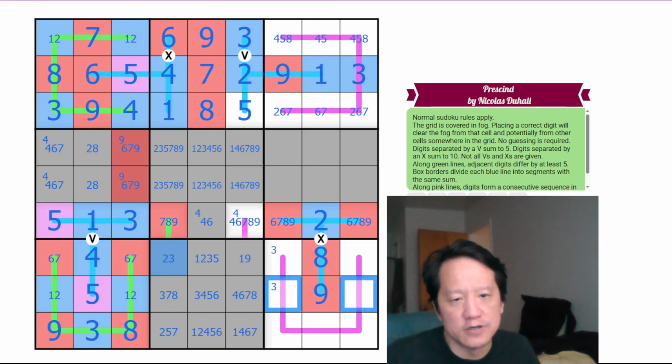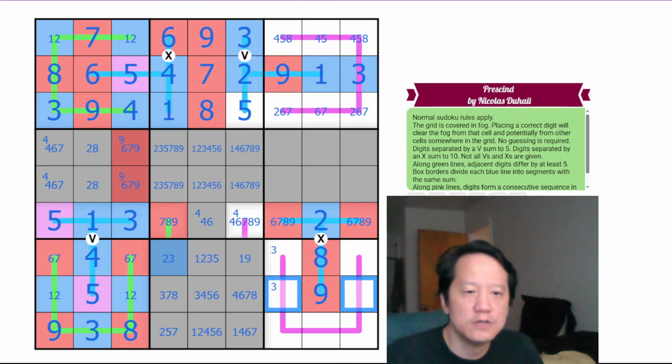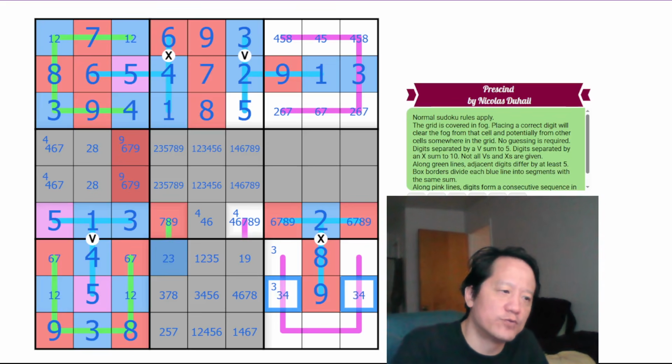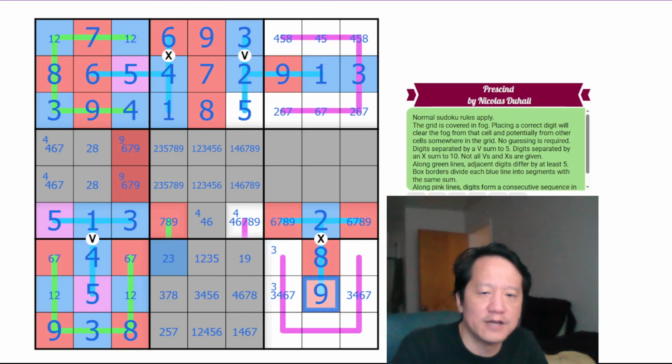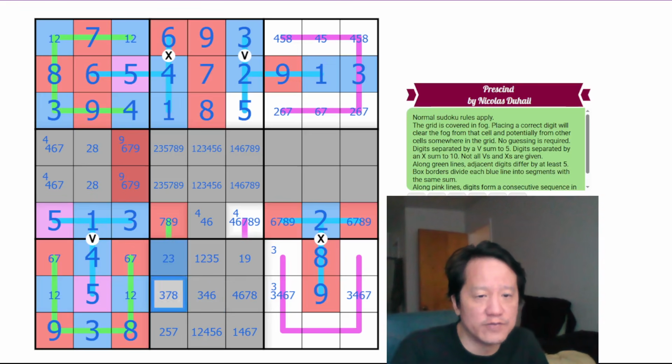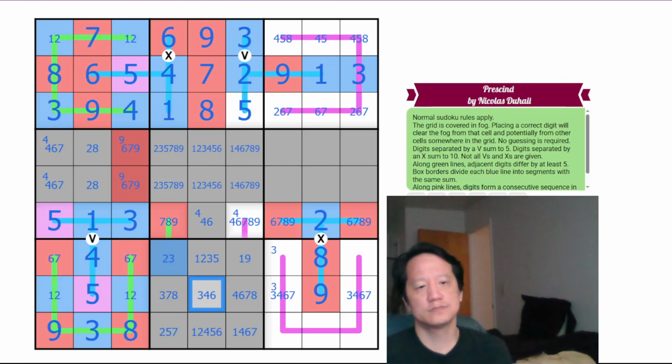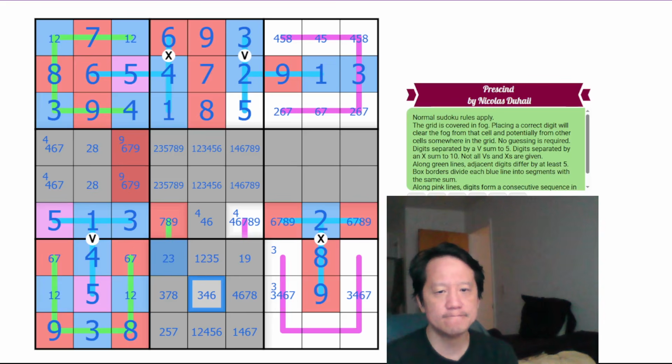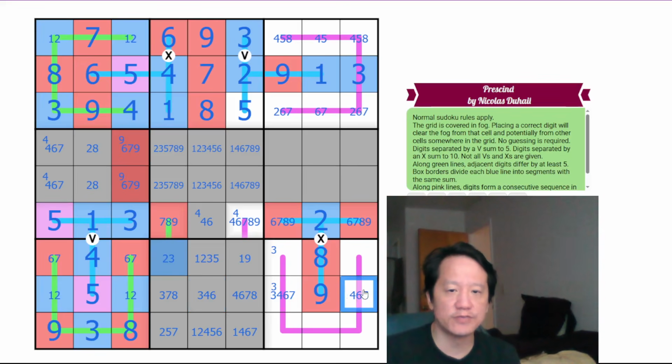Remaining digits of row 8 are 3, 4, 6, 7, and we cannot have 8 here because of 8 in the box. Oh, this can't be 5 because of 5 in the row. This can't be 3 because of 3 in the column.